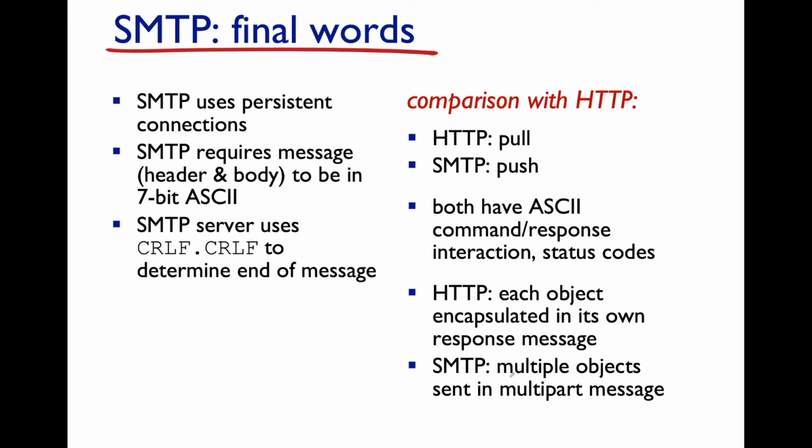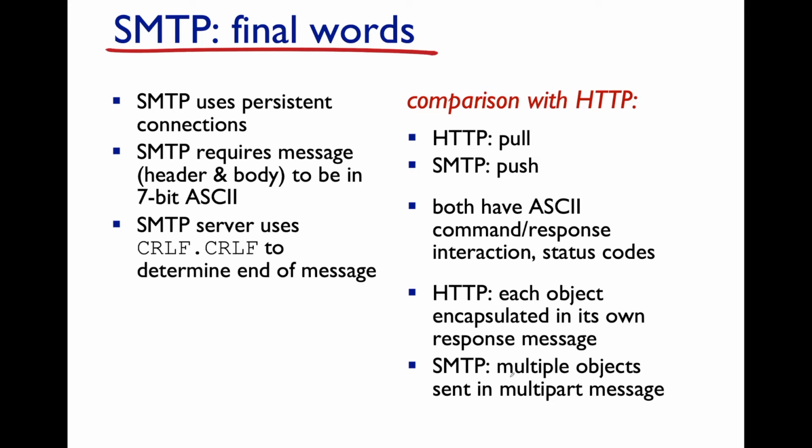And so SMTP requires there to be a header portion that identifies things like the recipient, who composed the email, and so forth, as well as a body. And it uses very simple carriage return line feeds to connote the end of the message, the delimiter of the message.